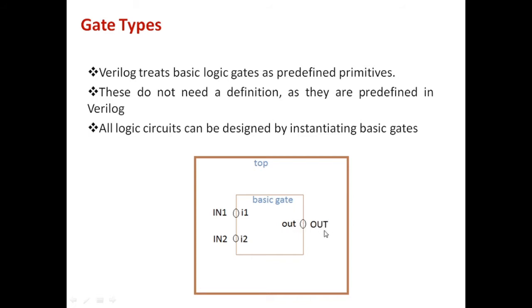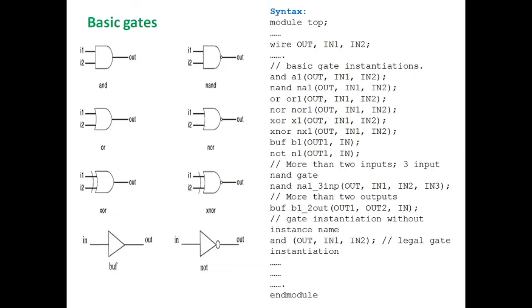That means this out is used to verify the functionality of your design, given the incoming input signals. So the test bench module is driving some signals and collecting the signal to verify the functionality of the design. That is why IN1, IN2 and out are taken here.